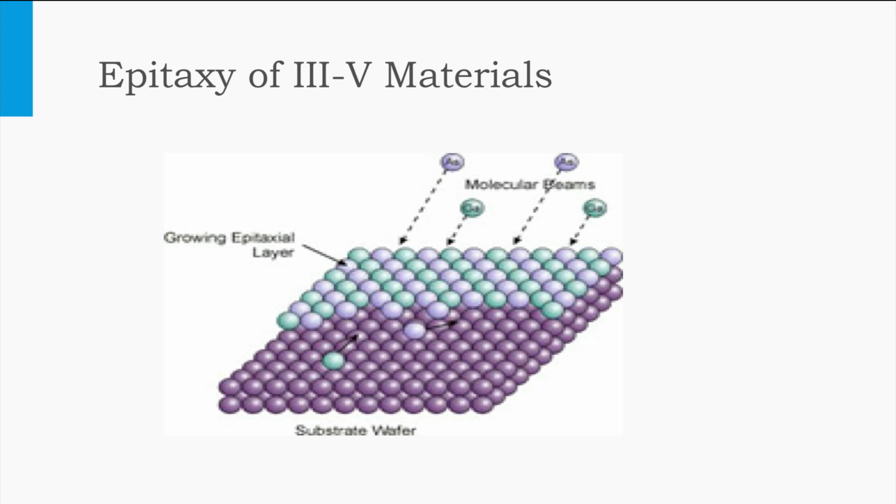For instance, like in this illustration, gallium arsenide is epitaxially deposited. Gallium and arsenic atoms are directed to a growth surface under ultra-high vacuum conditions. The substrate is usually a germanium substrate. The gallium arsenide crystalline lattice is grown layer by layer and adopts the structure of the crystalline substrate.